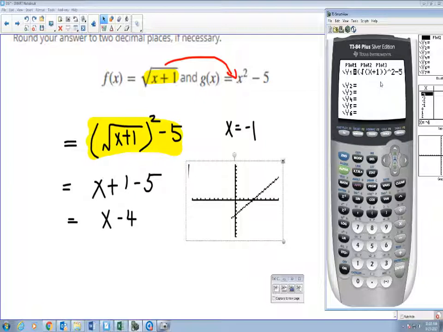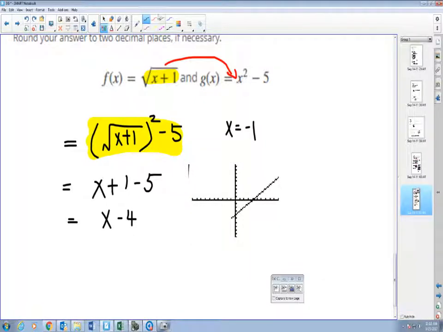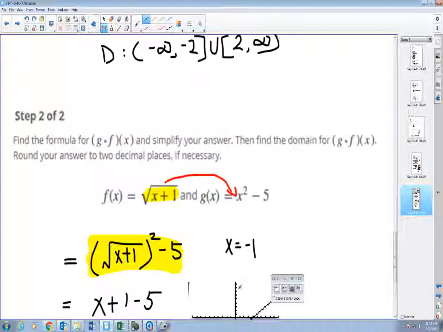Okay, make sure I didn't type it in wrong. Yeah, I started my square on the outside. So my domain is actually from negative 1 to infinity. Let's check back up here.